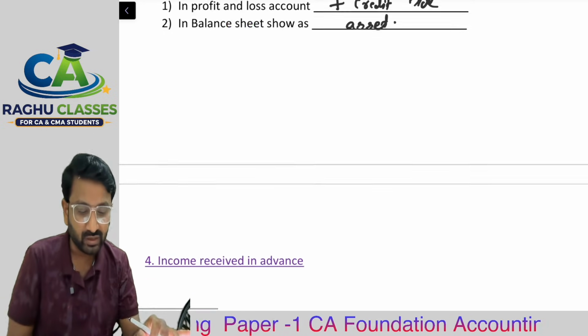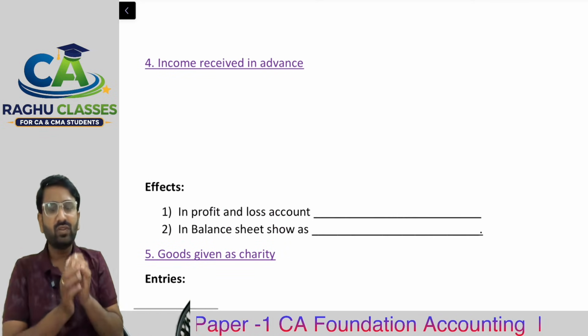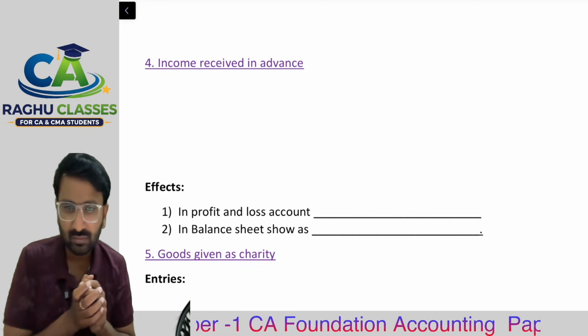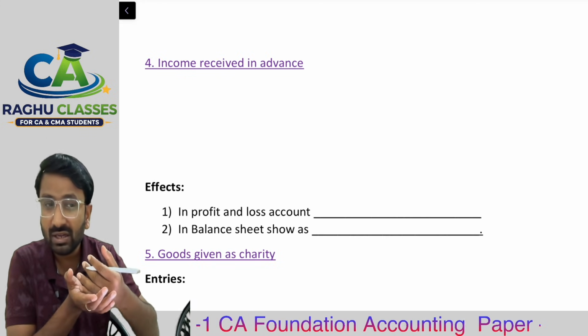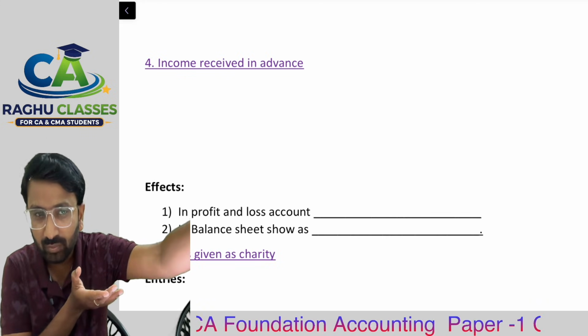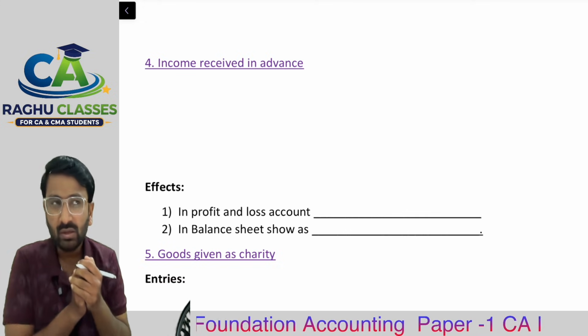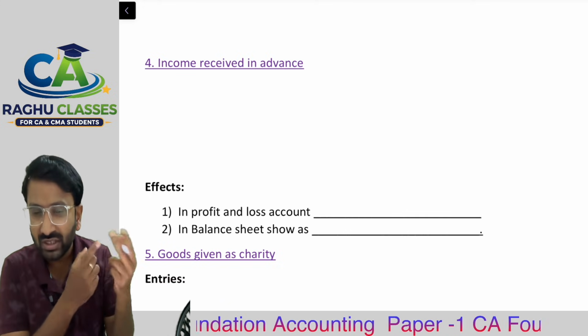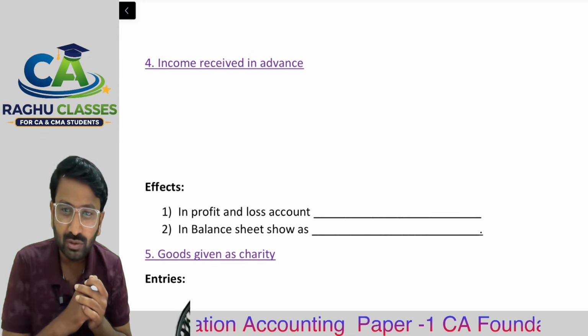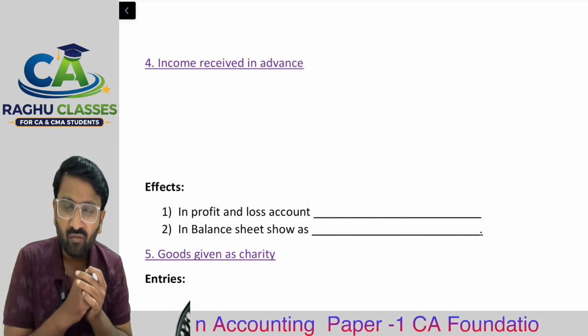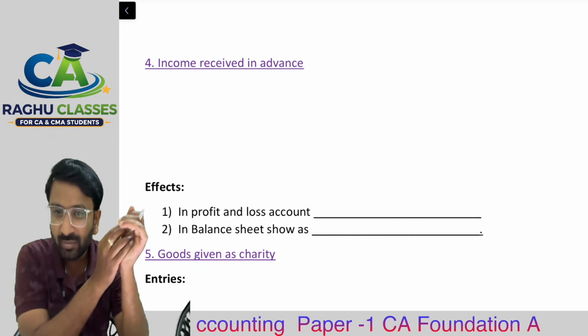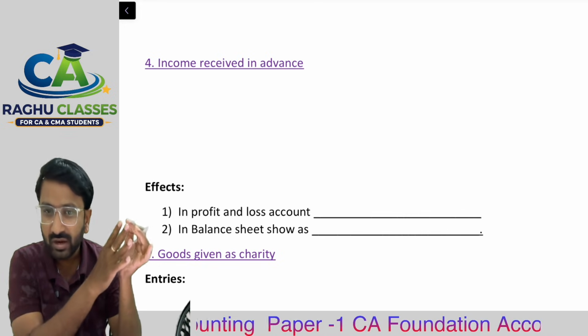Okay, next. Income received in advance. It is nothing but income pertaining to the next year, but we got in the current year. So if it is the income pertaining to next year, it should not appear in the profit and loss account as per matching concept, which means I should reduce that from income. So income is a credit balance.